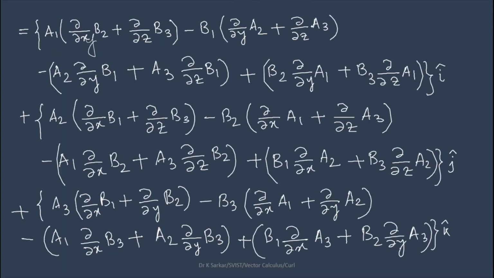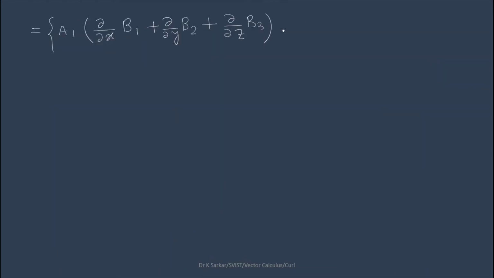And here in this term, minus b1 del y a2 plus del z a3, so we have to add del x a1. So minus b1 del x a1 plus del y a2 plus del z a3.